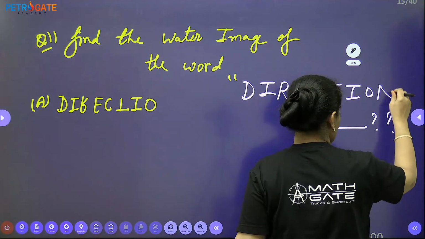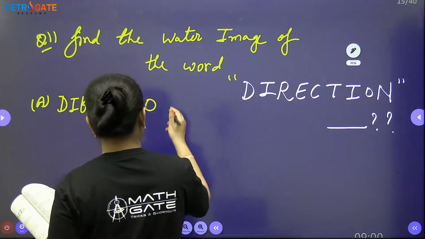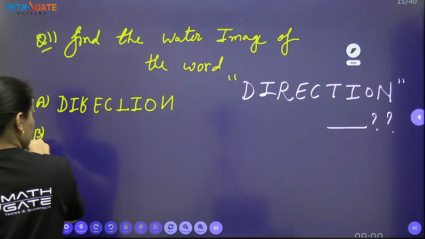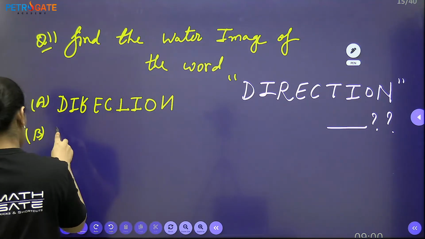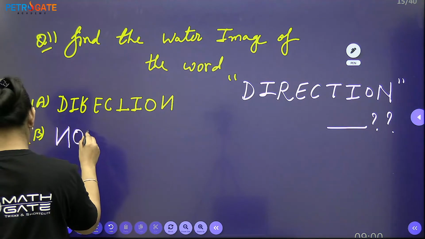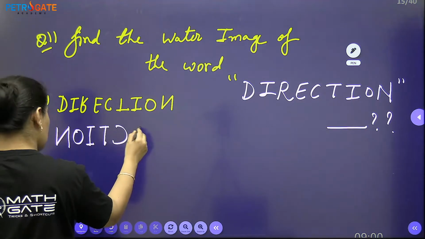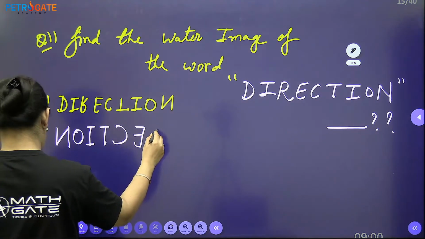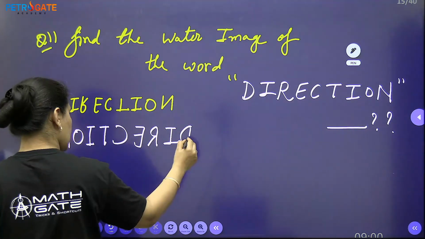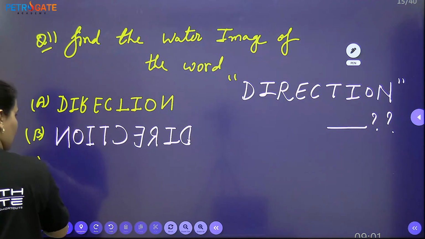So when we go for this one, it should be the N. Second option is N O I T C E R I, and it is D. When we go for the third option, why I'm changing the color?